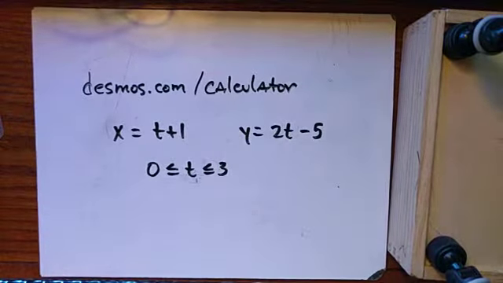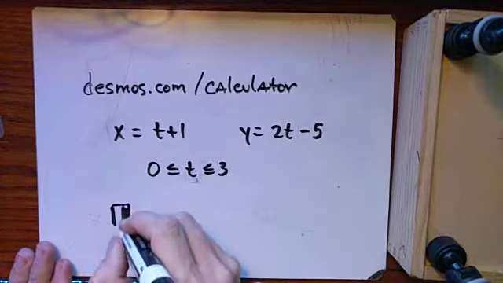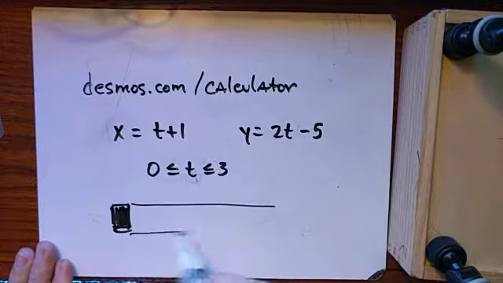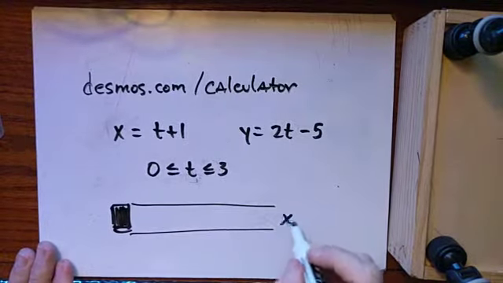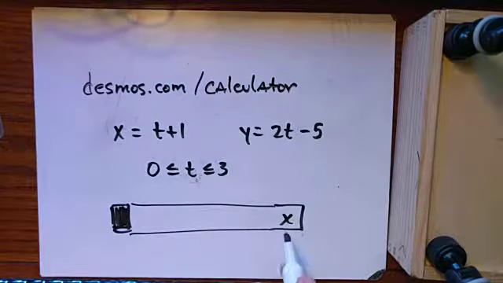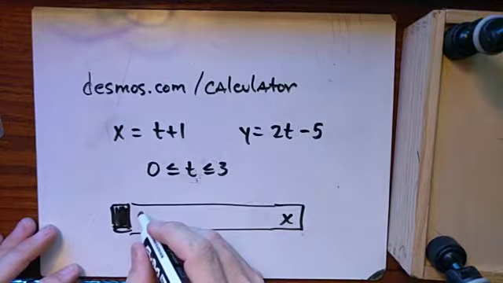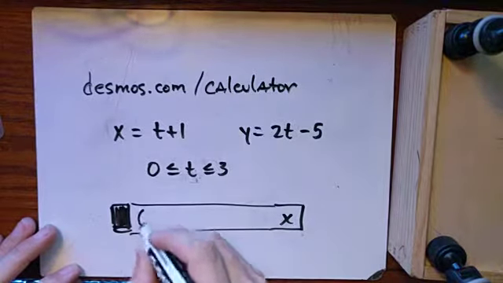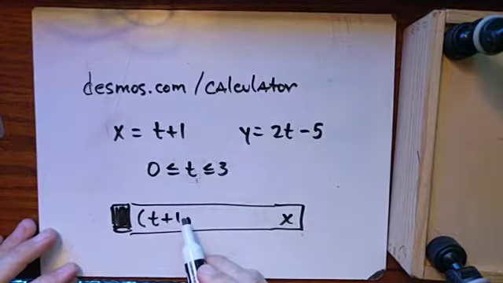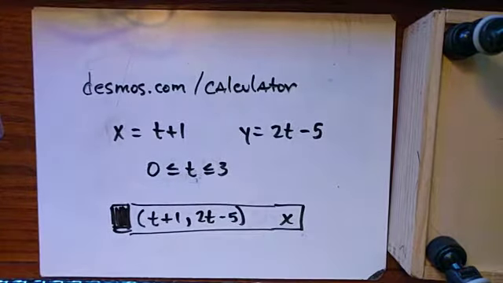So in Desmos, in the box, there's a little box here, it's probably colored blue or red or something like that, and then there's an X there, so you can completely get rid of anything that you put in there by clicking that X. What you'd have to do is put in parentheses t plus 1 as the x coordinate, and then 2t minus 5 as the y coordinate.